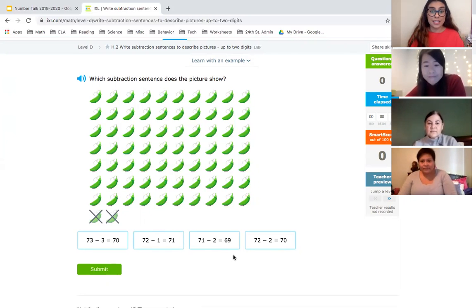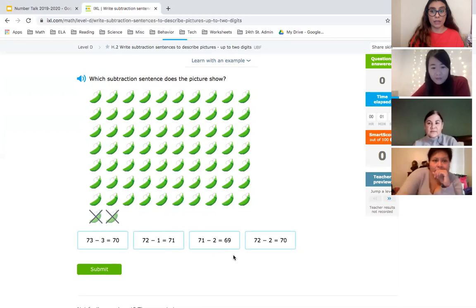So here we see some sugar snap peas, it looks like, and we need to figure out what number sentence they are subtracting. And I think the first step of what we can do is look at the amount of snap peas we see in the picture.